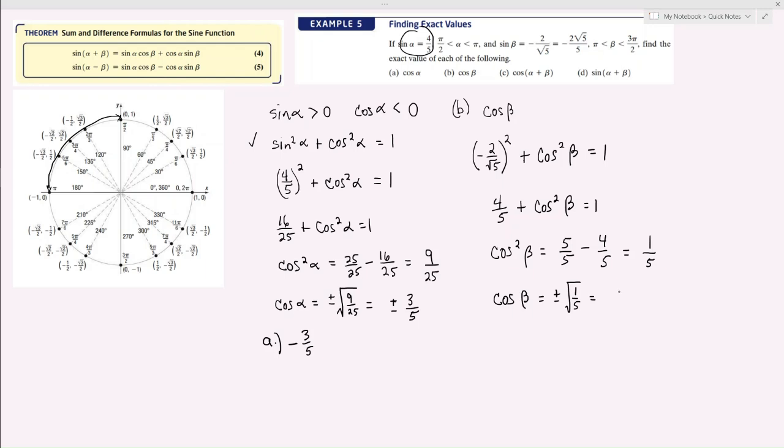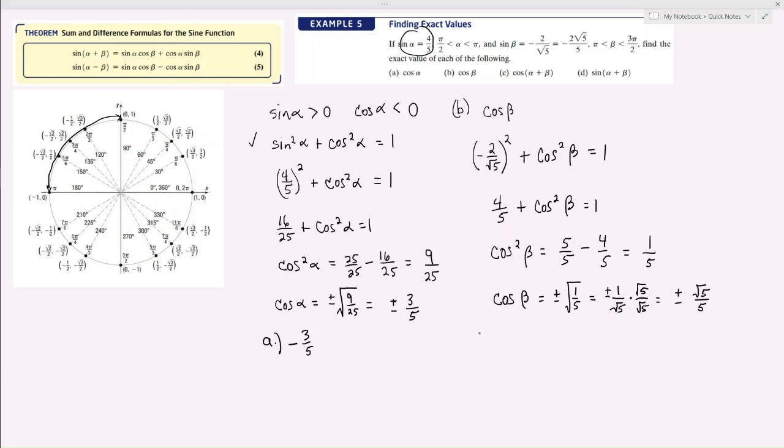Okay, so that's 1 over a square root of 5, plus or minus. And I'm going to rationalize the denominator now, so I'm going to multiply the top and the bottom by square root of 5. And now we've got this properly represented as positive or negative square root of 5 over 5.